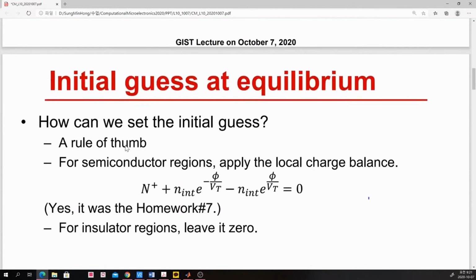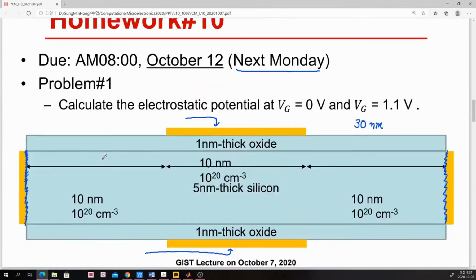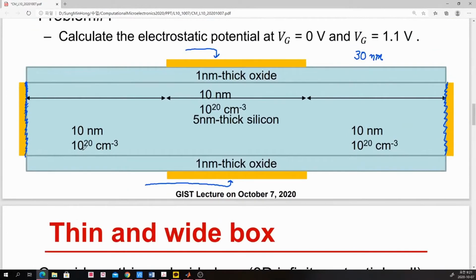Simply speaking, just solve this equation for these boundary nodes, and when you solve this local charge balance equation, you will get the electrostatic potential.